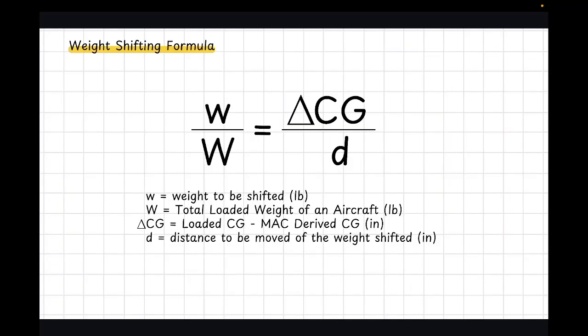Next, the weight shifting formula. Our weight shifting formula includes small w divided by big W equals delta CG over d. Small w is the weight to be shifted, or the weight we will move so that our aircraft gets within the CG range. Big W is the total loaded weight of an aircraft. Then delta CG is the change in CG. This is the loaded CG that we will compute later on and the Mach derived CG.